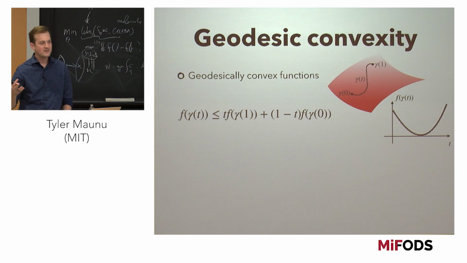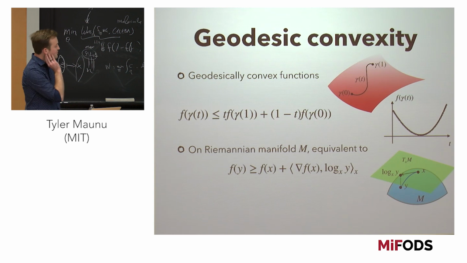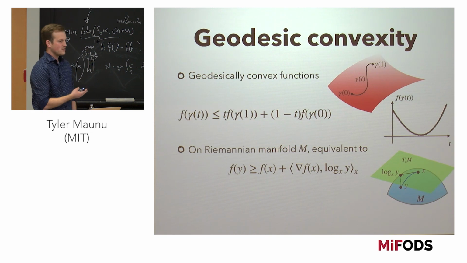So it's just the standard convexity thing, but along a geodesic. Now, if you're doing this on a Riemannian manifold, and you can actually differentiate your function, this becomes equivalent to the normal thing you'd see with Euclidean optimization, where you say that f of y is greater than the linear approximation at x.